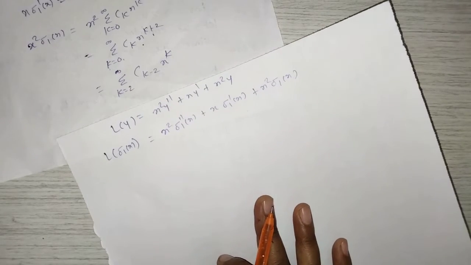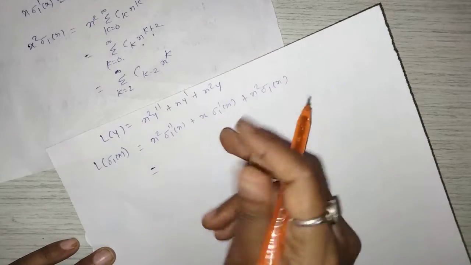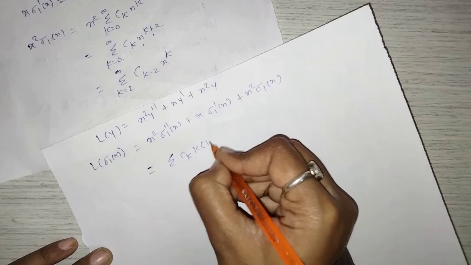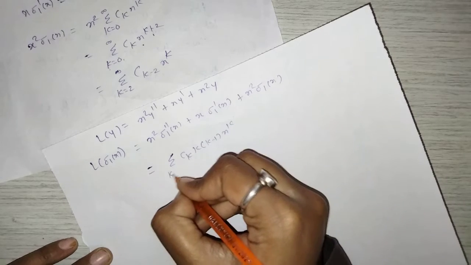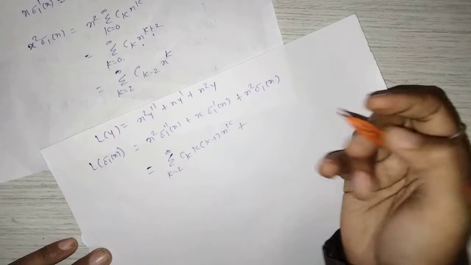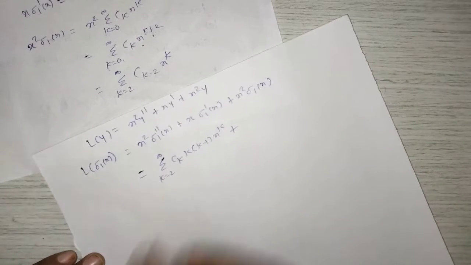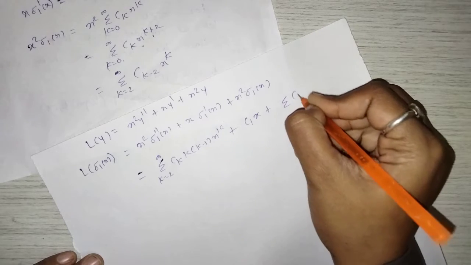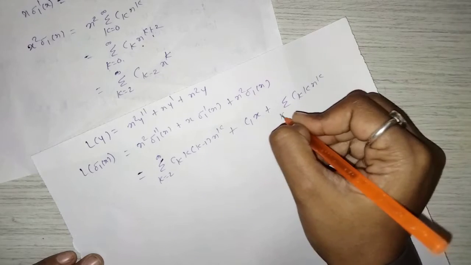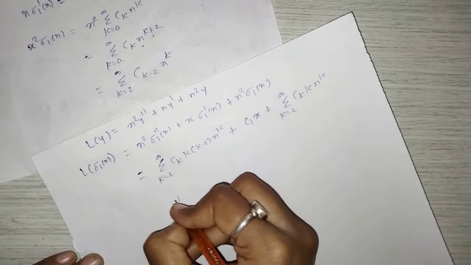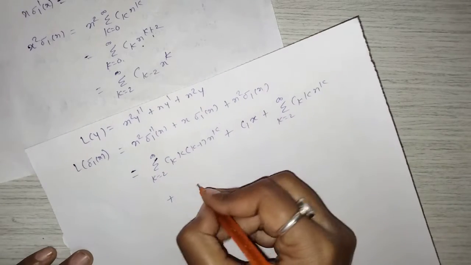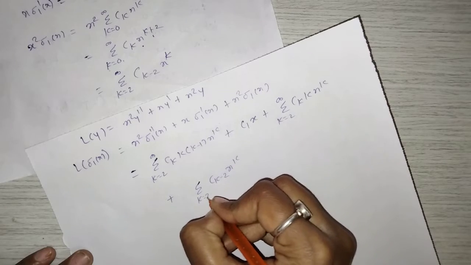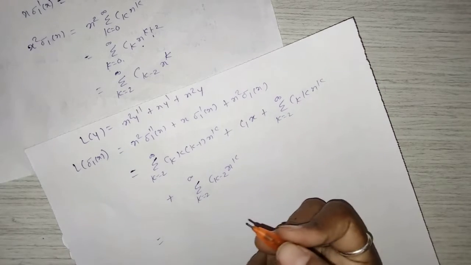So for this, x square sigma 1 double dash of x has series ck into k into k minus 1 x raised to k running from 2 to infinity, plus x into sigma 1 dash of x equal to c1 into x plus summation ck into k x raised to k running from 2 to infinity, plus x square sigma 1 of x equal to summation ck minus 2 x raised to k running from 2 to infinity.